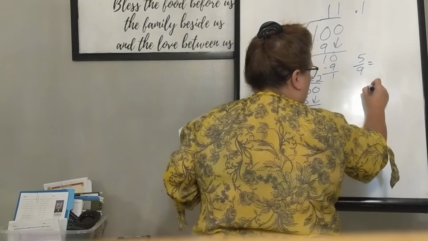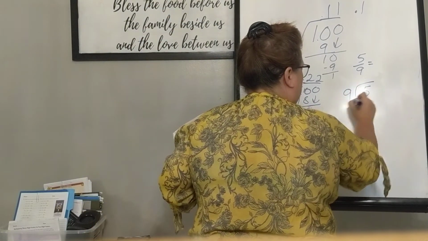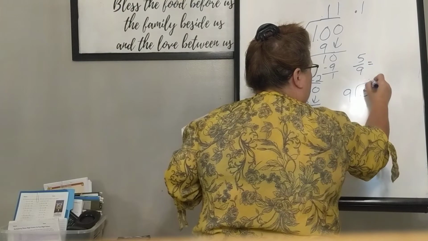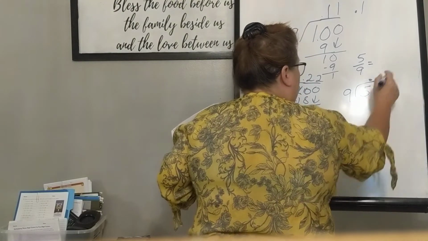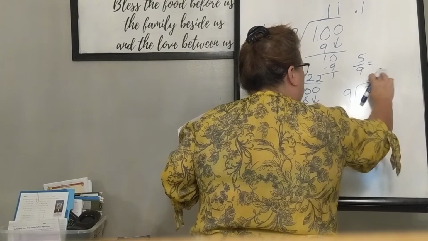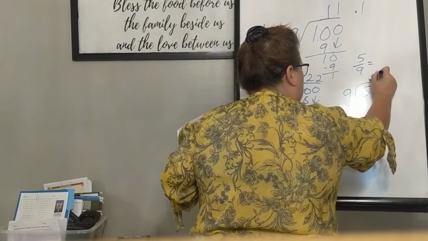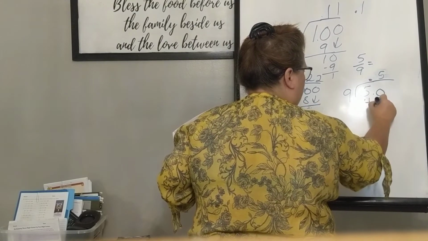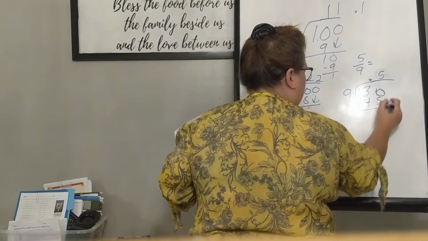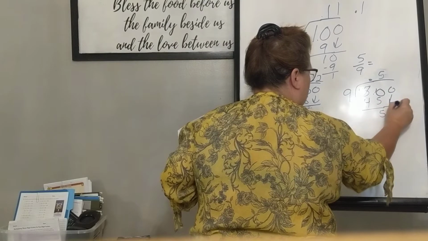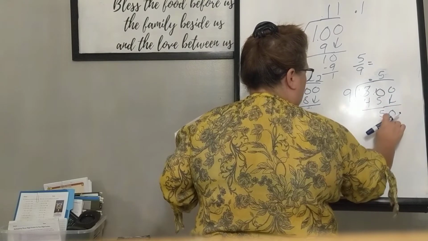So 5 divided by 9. Put a decimal point in the quotient. 9 will go into 50, 5 times. Why do I keep doing that, guys? 9 times 5 is 45. We subtract. 50 minus 45 is 5. Annex a 0. Bring it down. 9 will go into 50 how many times?